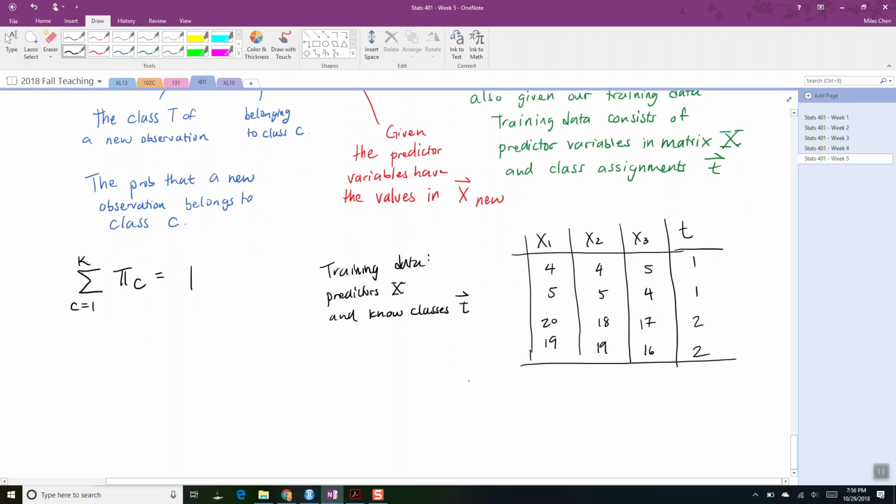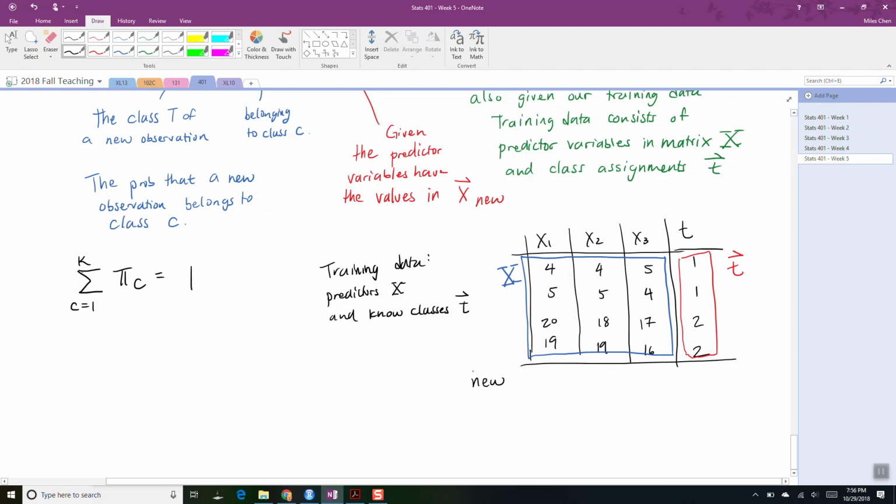This is your matrix X, and this over here is your vector T. So 4, 4, 5 is class 1, 5, 5, 4 is class 1, and 20, 18, 17 is class 2, 19, 19, 16 is class 2.